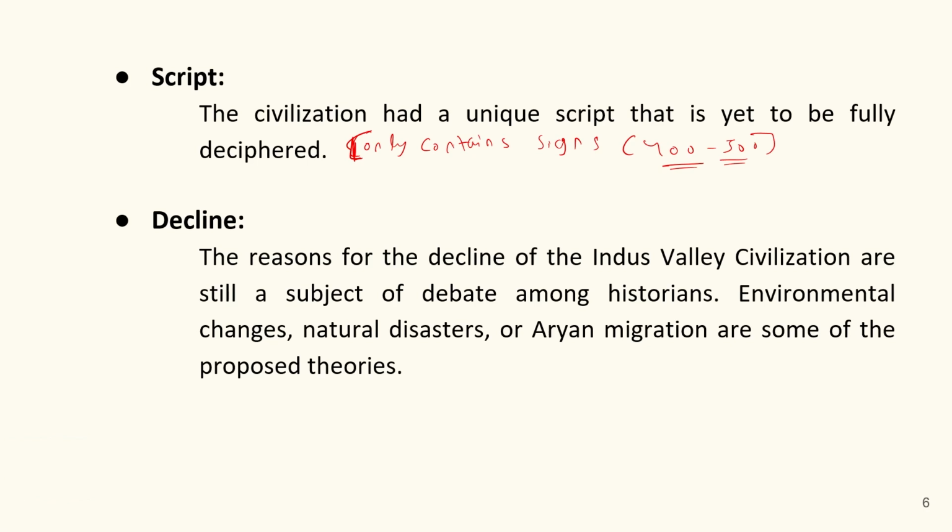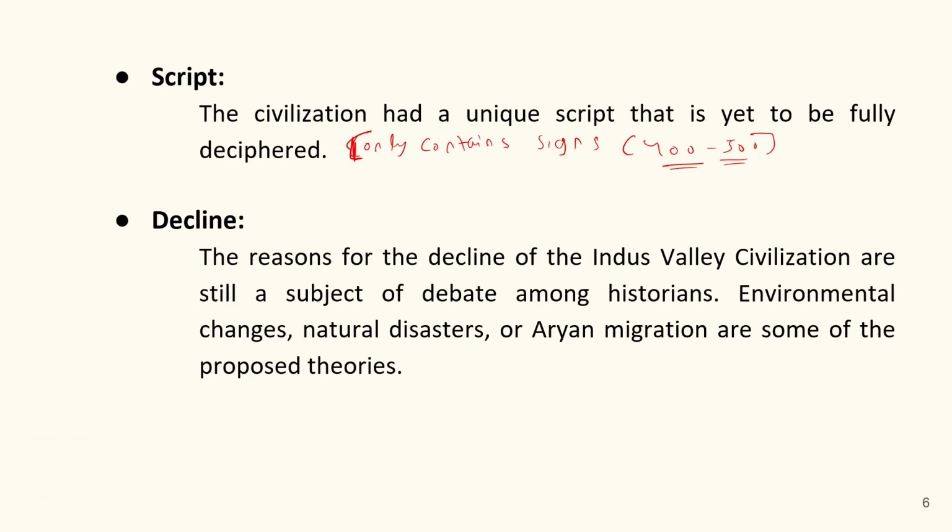If you want to decipher it, you have to understand the signs, and these signs number around 400 to 500. You have to make a meaning of every sign, and only then will you be able to study the Indus Valley script. So that is the reason we are unable to study it.